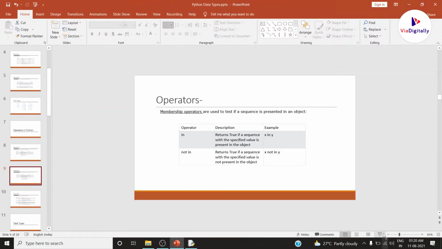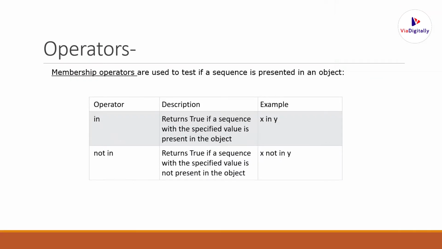In returns true if the sequence with specified value is present in the object, and not in returns true if the sequence with specified value is not present in the object. Now let us check how we write some related programs of membership operators.